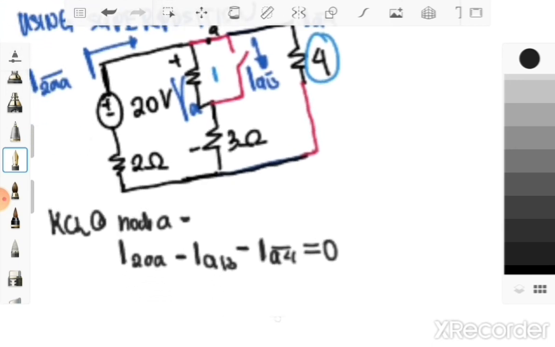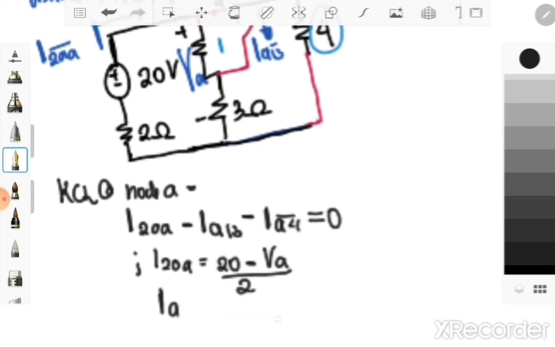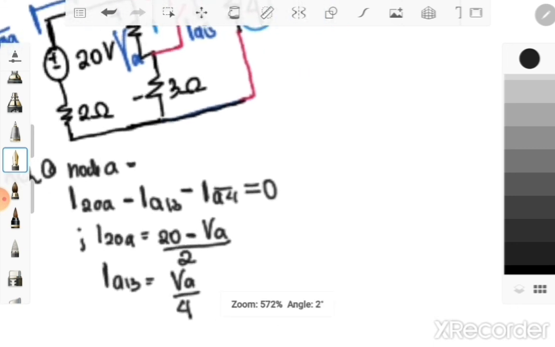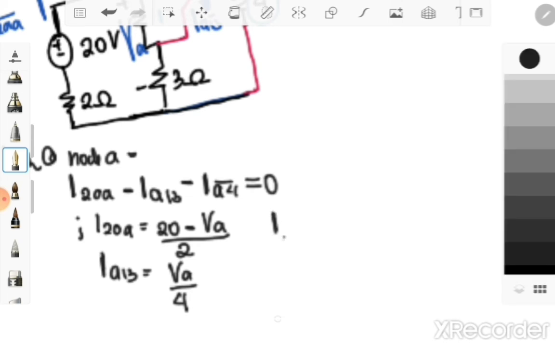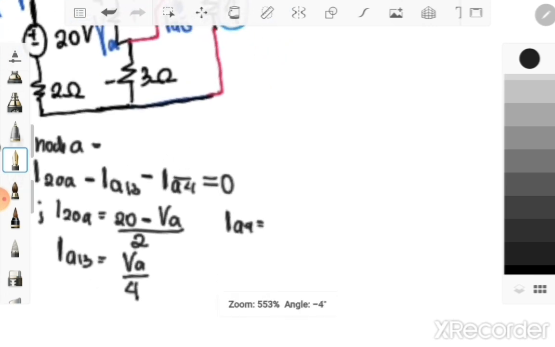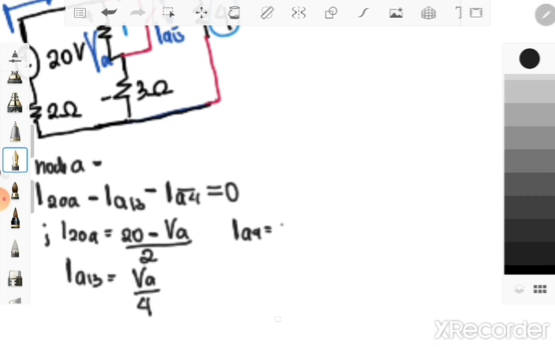Okay, so after that we'll find our I20A, which is basically equal to 20 minus VA all over our 2 ohm, and our IA13 is just equal to VA divided by 4 ohms, and then our IA4 is just equal to VA over 4 ohms. So why did it become 4? VA divided by 1 plus 3.